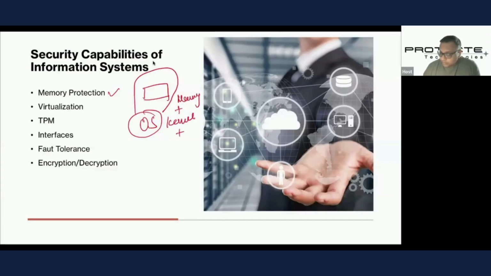and the CPU, they form part of the entire secure reference monitor that we saw last time. So the OS has complete control over the memory. It does not want to part away that control.